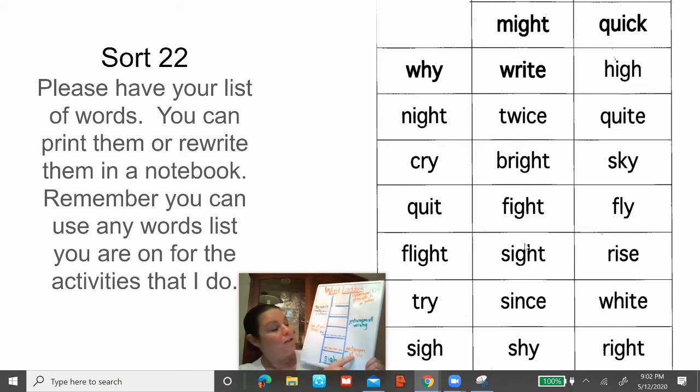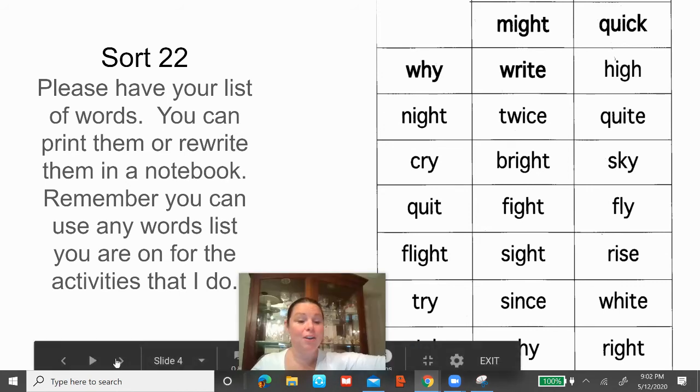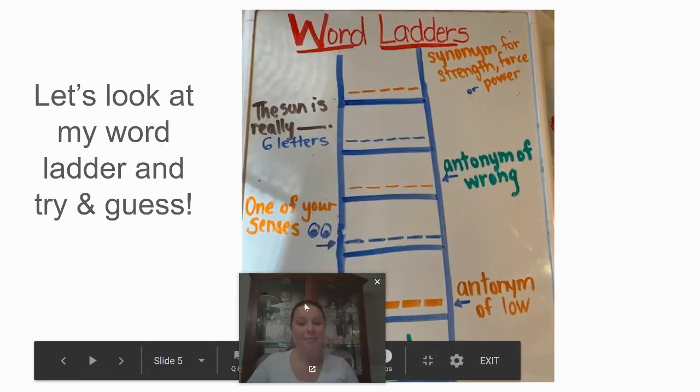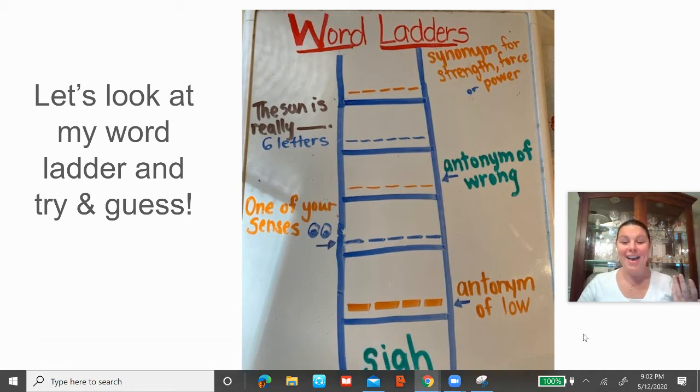So if you look at the clue, it says antonym of low. I actually have it on a Word document here. And I have right here 4 letters, 1, 2, 3, 4, and it's an antonym of low. So if it's not low, it's the opposite. It's going to probably be high.